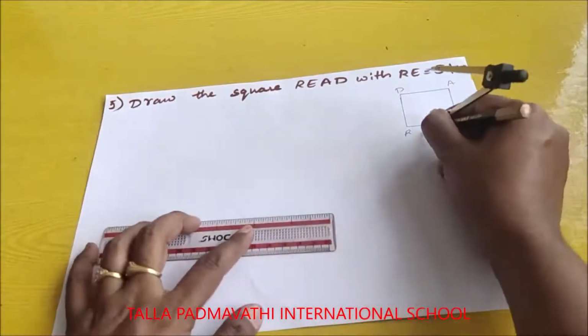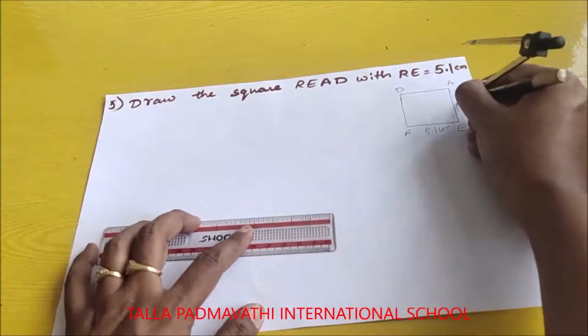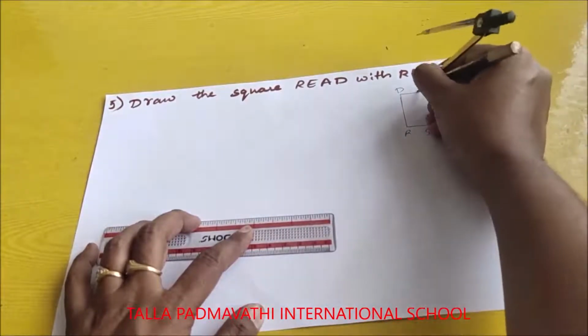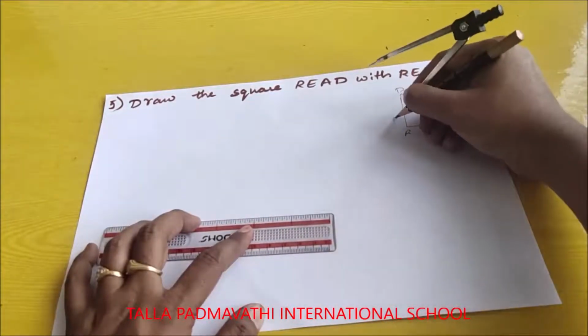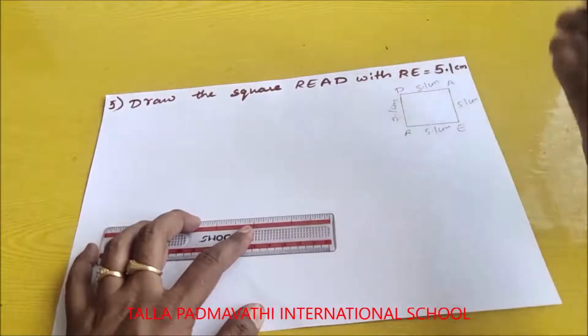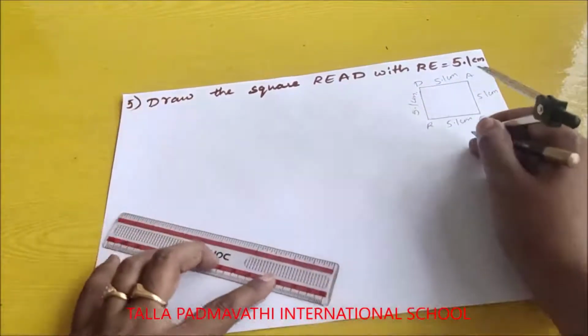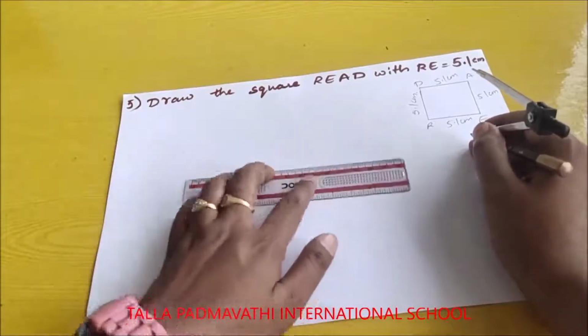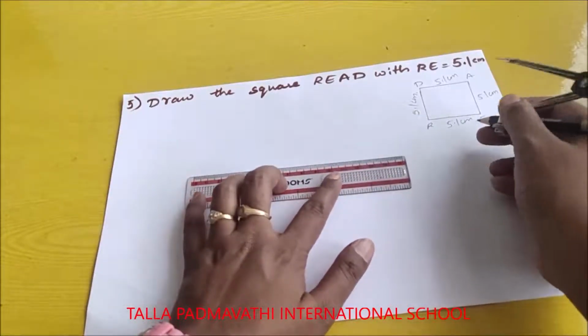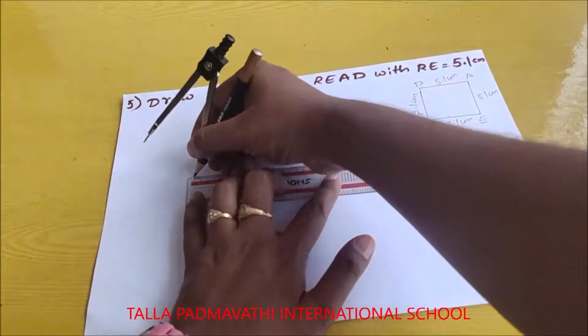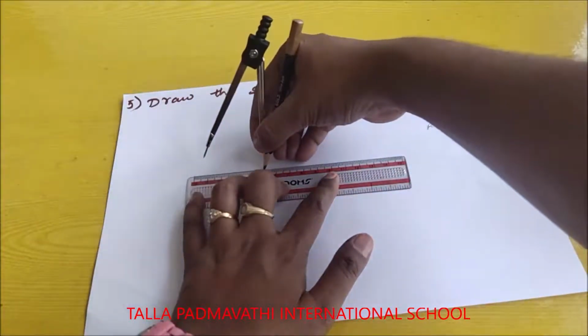So first here 5.1 centimeters, 5.1 centimeters and 5.1 centimeters. So now we are going to draw first RE line segment with 5.1 centimeters.